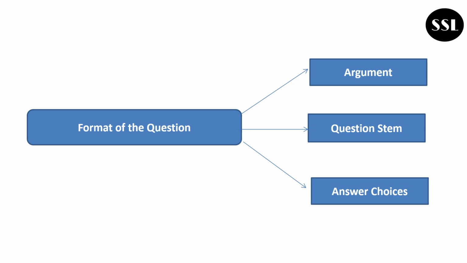It may be finding an assumption, conclusion, inference or anything else. Then the third element is the answer choices, that means options. It differs from exam to exam. It may be 4 choices or maybe 5 depending upon the examination.